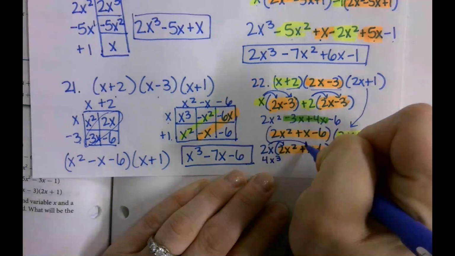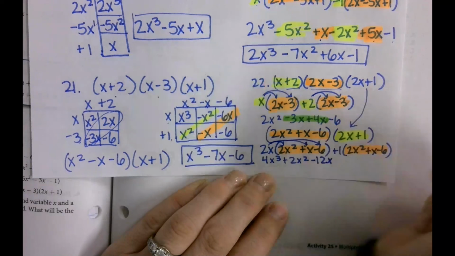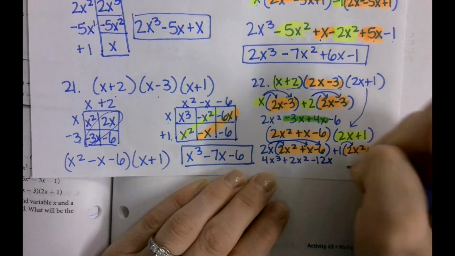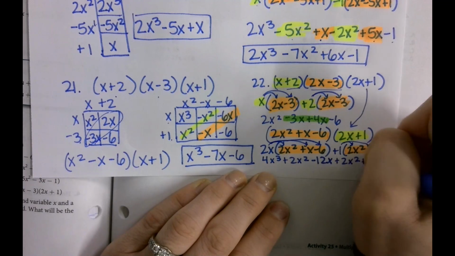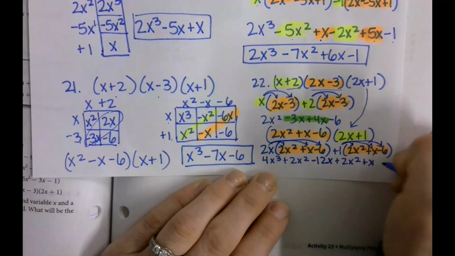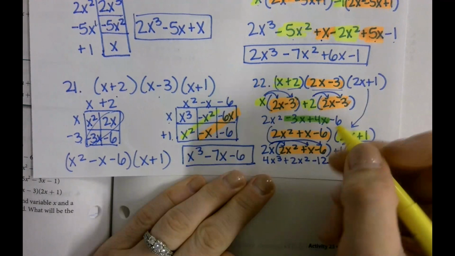All right, then distributive property. x times x squared is x cubed. x times negative x is negative x squared. x times negative 6 is negative 6x. Then 1 times x squared is x squared. 1 times negative x is negative x, and 1 times negative 6 is negative 6.